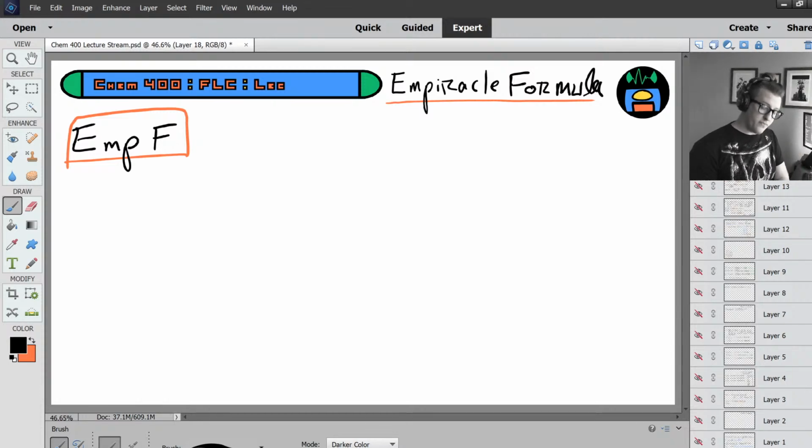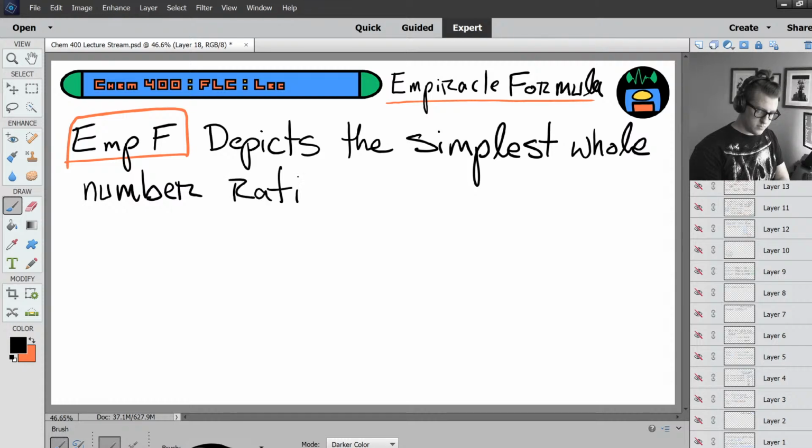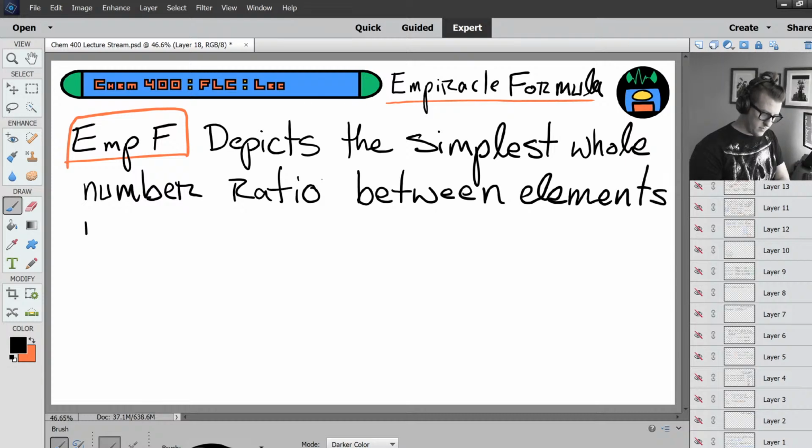The empirical formula for a molecule depicts the simplest whole number ratio between elements in a compound.